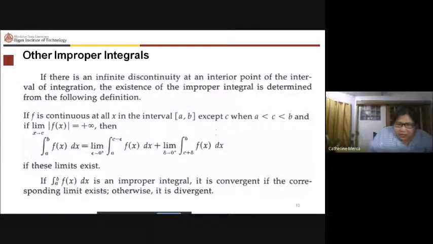Then take the limit as delta approaches 0, meaning delta is very small, just slightly past c, and epsilon is just slightly short of reaching c. So that's the concept of limit, if you remember.